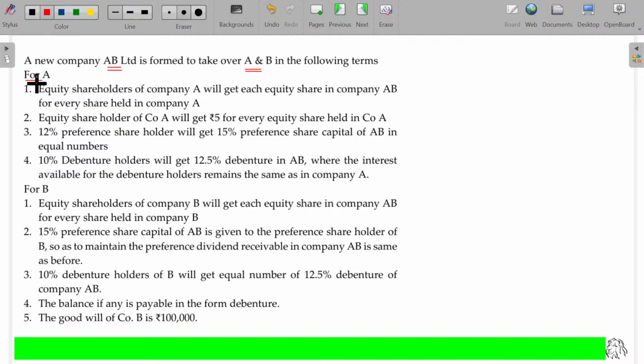In the very first case for A, they offer equity shares in exchange for the equity shares. Purchase consideration for A. For A, equity share capital. Equity shareholders of company A will get equity shares in company AB for every share held in A. Means 1:1 ratio.